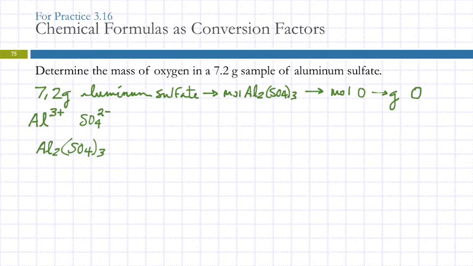So let's write this out. 7.2 grams of Al2(SO4)3. I know it gets tedious writing that whole formula out multiple times. Deal with it. 3 arrows, 3 factors.